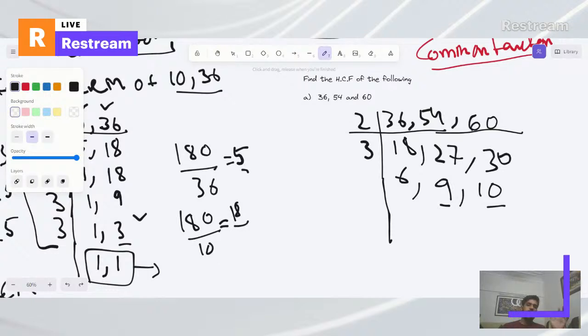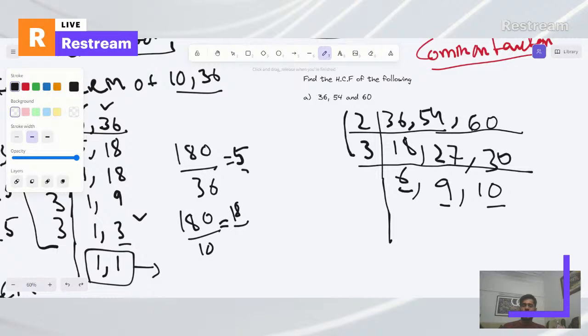Now let's go with the next ones. Can I use 5? I cannot use 5 because of 6 and 9. Can I use 7? I cannot use 7 either. And because it has already crossed the smallest number, which is 6, there's never going to be any number which can be used. So here is the time when we stop.